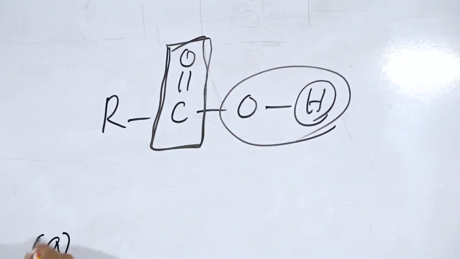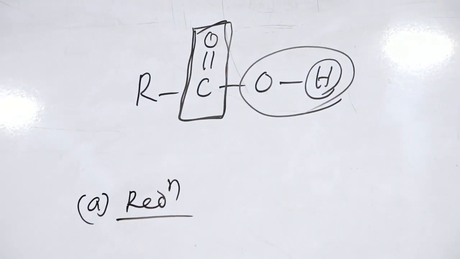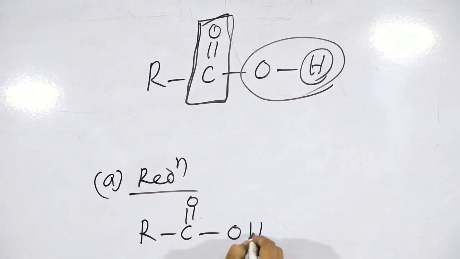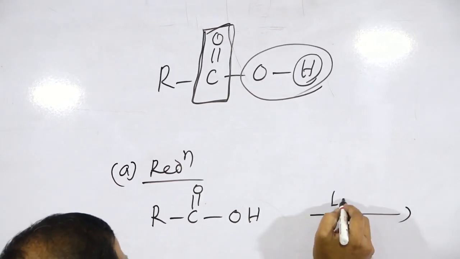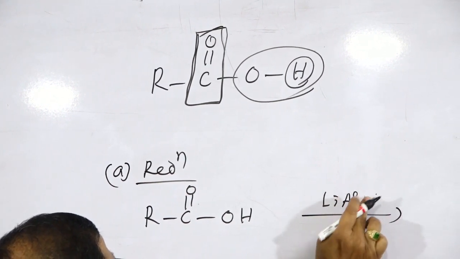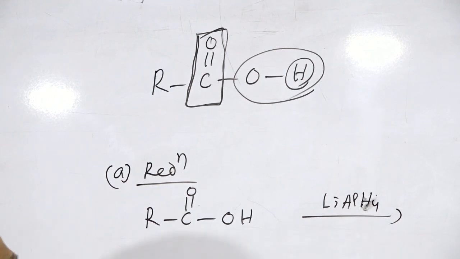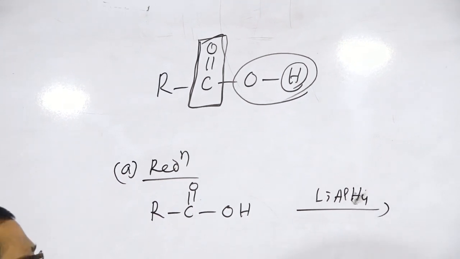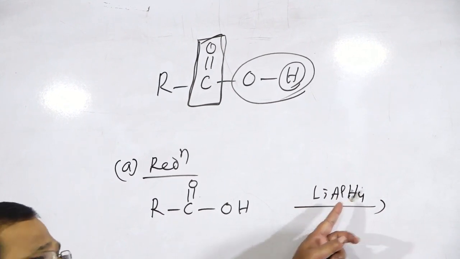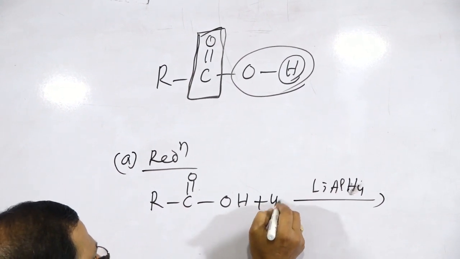So the first one is reduction. Carboxylic acids, if treated with LiAlH4, that is lithium aluminum hydride, then what will be the product? 4H.